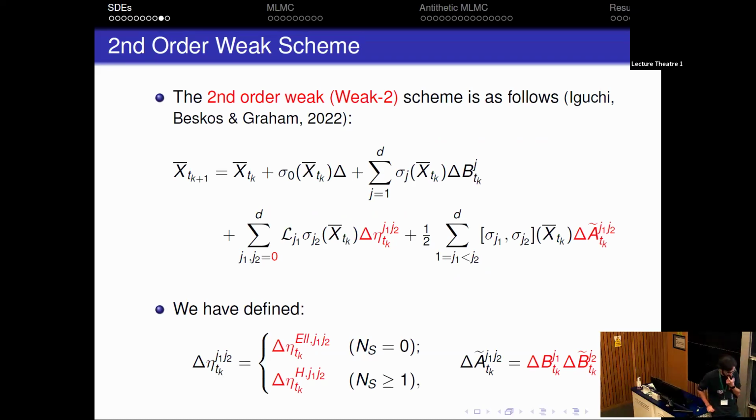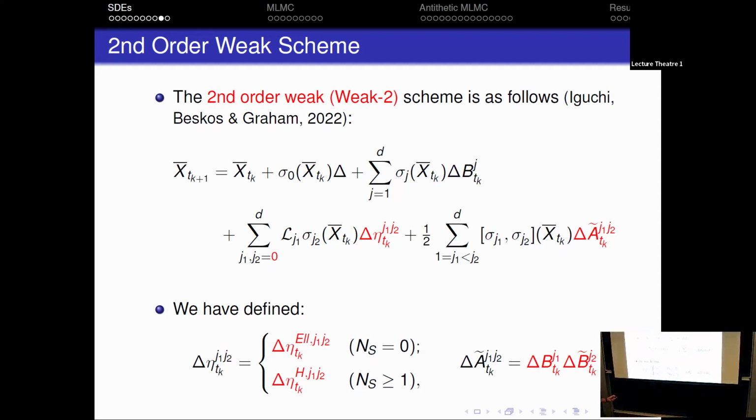So in terms of our contribution, we look at a different discretization scheme. We call it the second order weak scheme, this weak 2 scheme, and it has some terms here. It looks a lot like the Milstein scheme. There are some particular quantities. There is this quantity here, and this tilted quantity here. We have made some effort to get an expression that covers both the elliptic case, this one here, and the hypo-elliptic case.